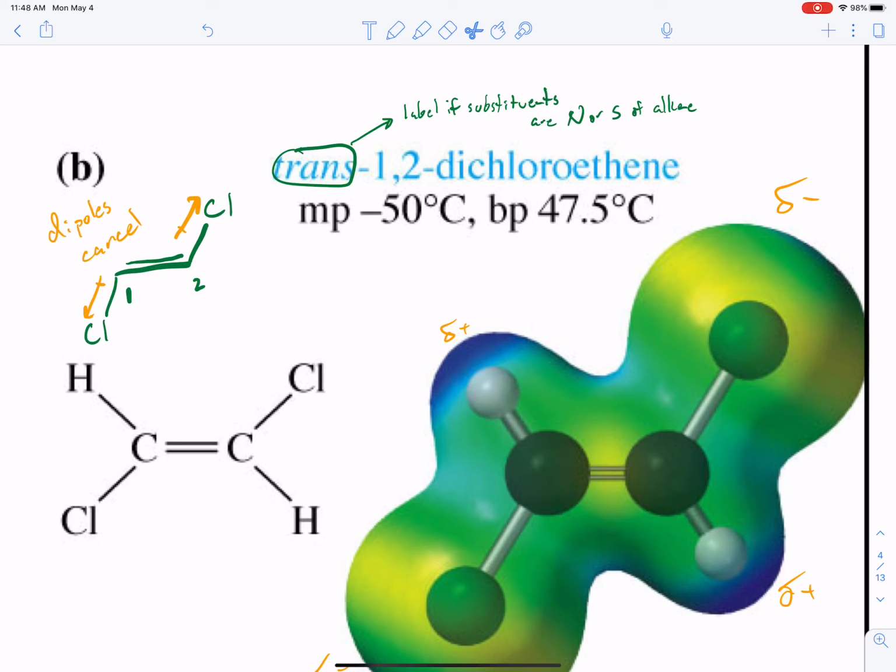Notice, this thing is north of the alkene, this thing is south of the alkene. So it's north and south of the alkene. Trans means opposite.